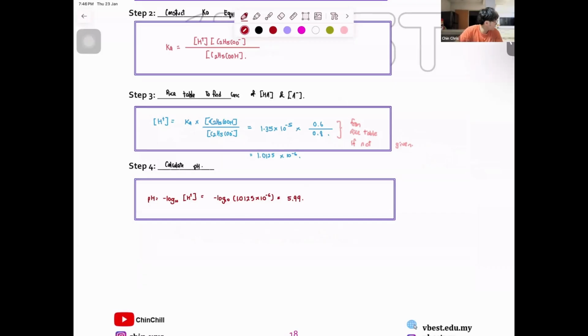Once done, let's move on to the next part. 4.99.